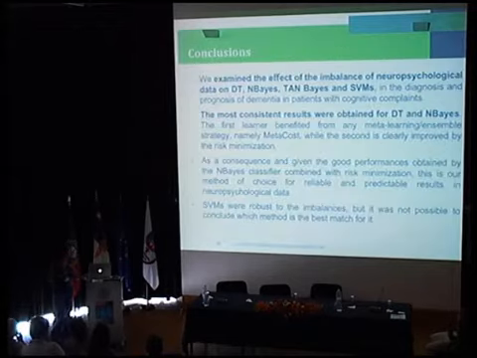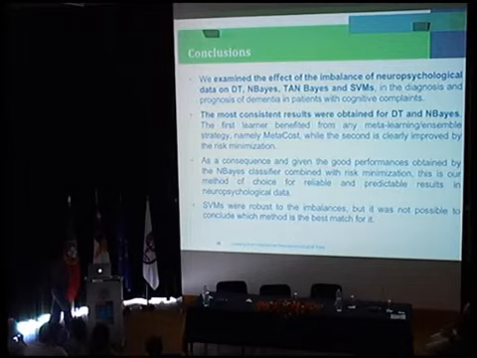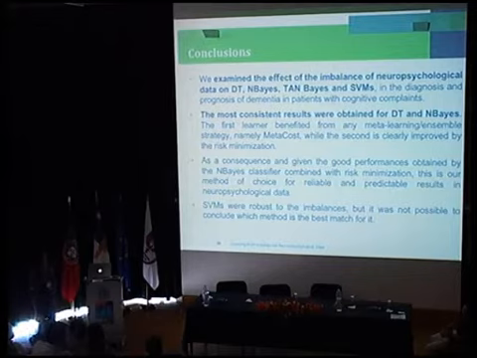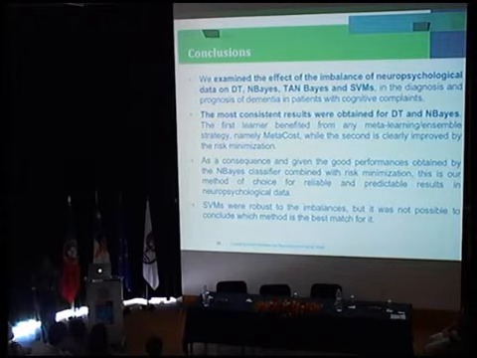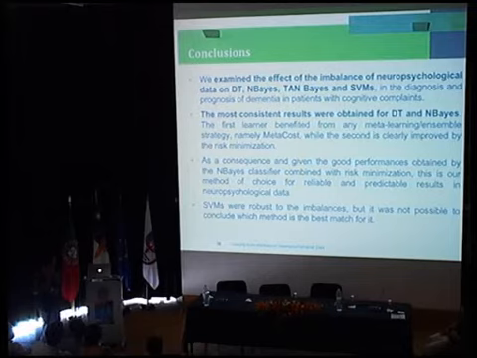So basically, the conclusions. We examined the effect of the imbalance of neuropsychological data on decision trees, naive-Bayes, turn-Bayes, and SVMs. We had two problems, the diagnosis and the prognosis of dementia in patients with cognitive complaints. In the case of prognosis, we had 3 different time windows, 2, 3, and 4 years.